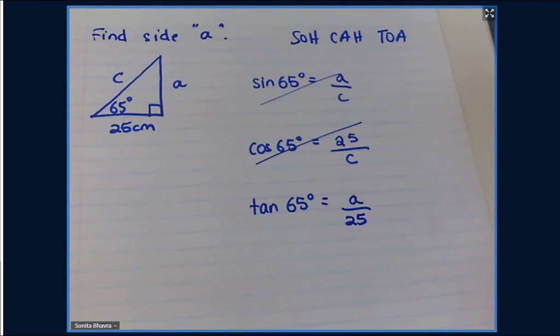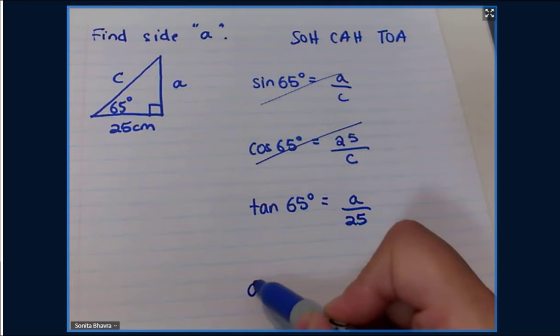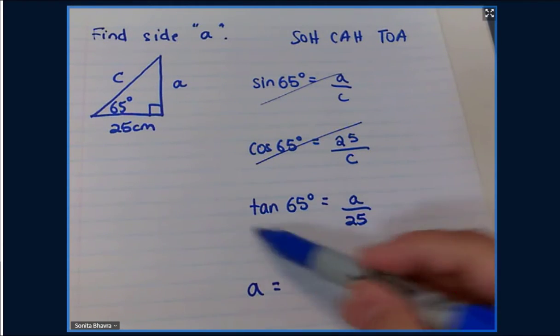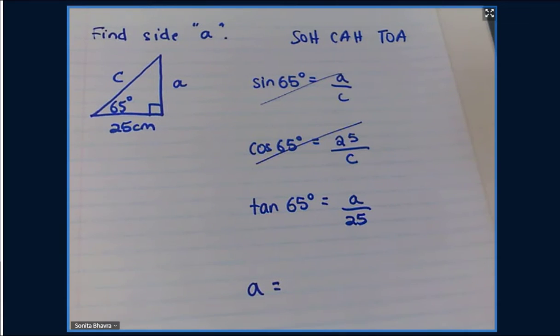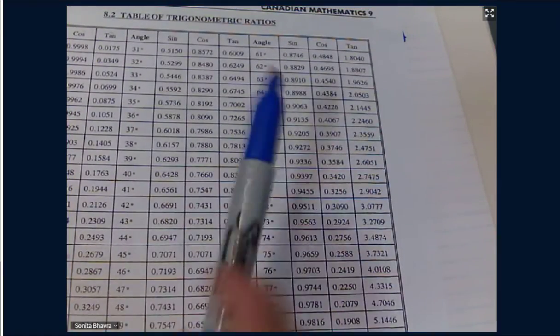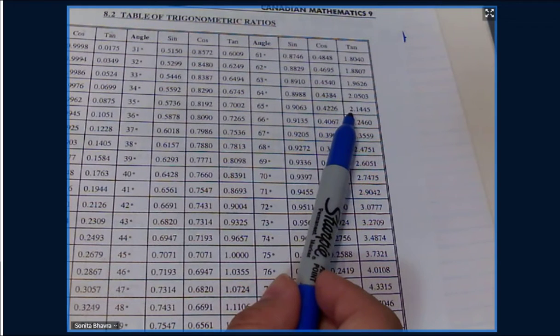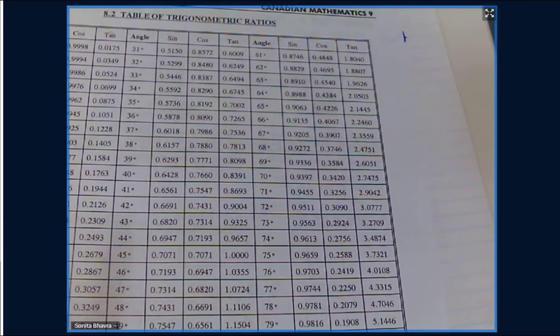So you can just use cross multiplication here. So A will be equal to tan 65 multiplied by 25. So let's use our chart to figure out tan of 65, or you can use your calculator. You would just type in tan 65. So using the chart, here is 65, and tan of 65 is 2.1445.